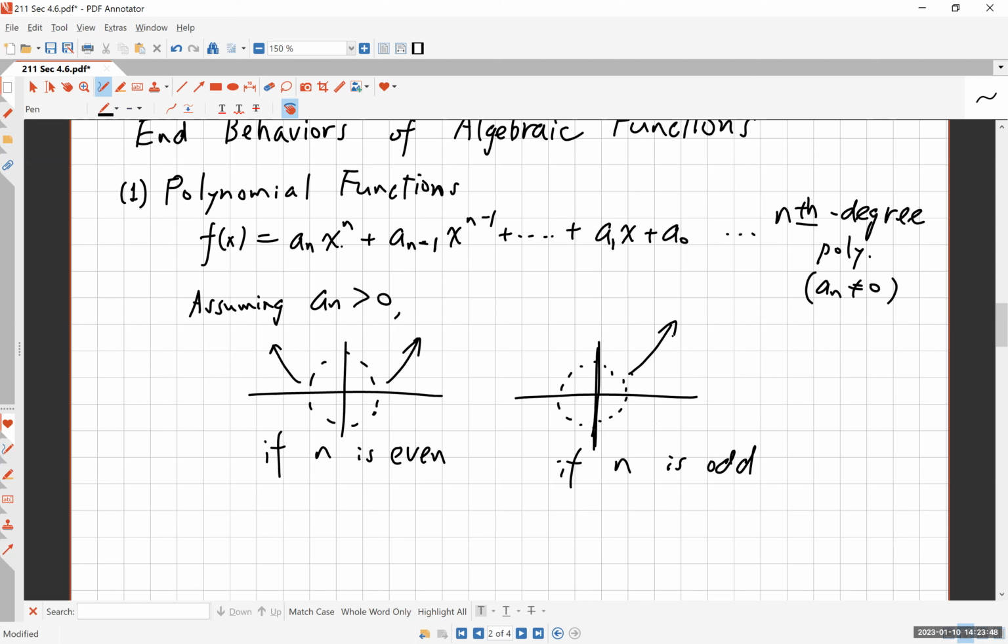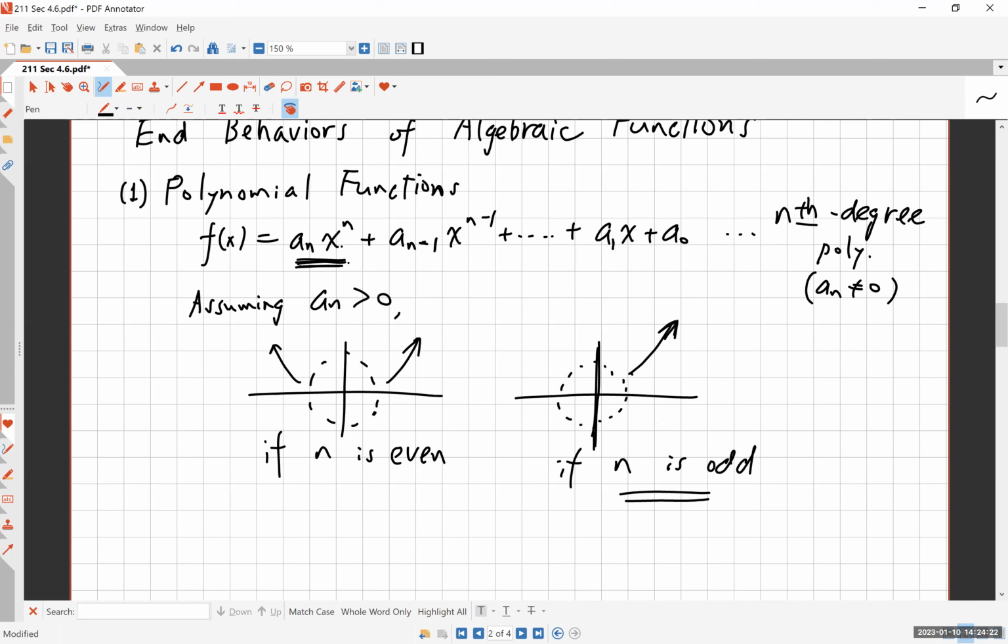The reason this goes like this is because the limit as x approaches infinity is still going to be infinity. But if n is odd, like x to the third, and by the way, when x is very, very large, all of these other terms really don't matter. The only thing that matters when x is very large is the leading term, because it grows faster than any other terms, making every other term irrelevant.